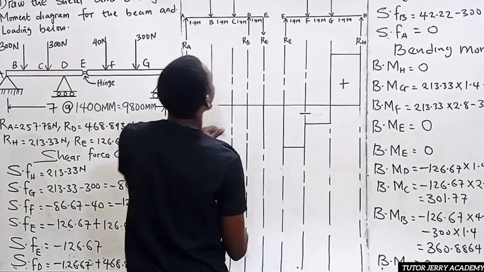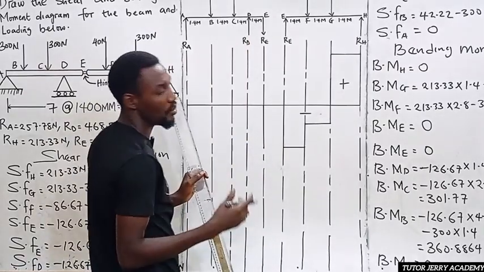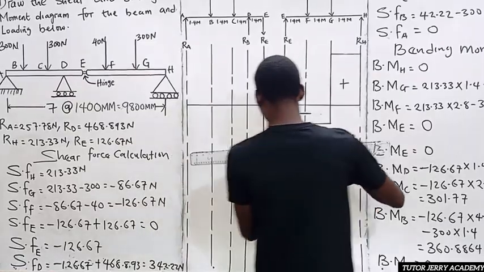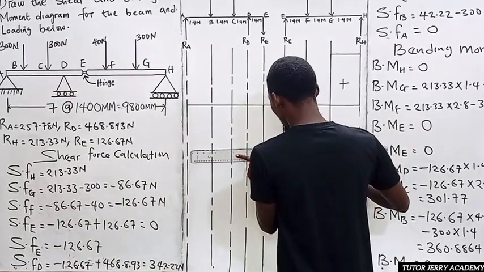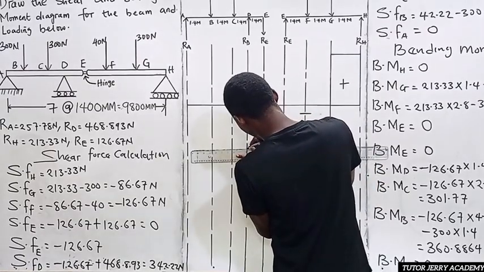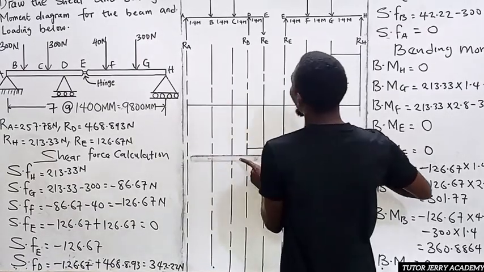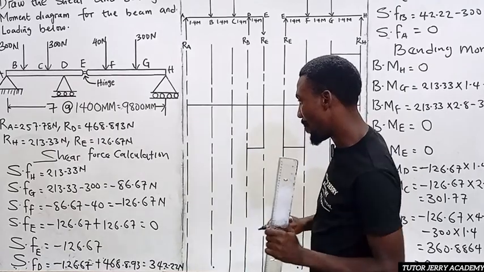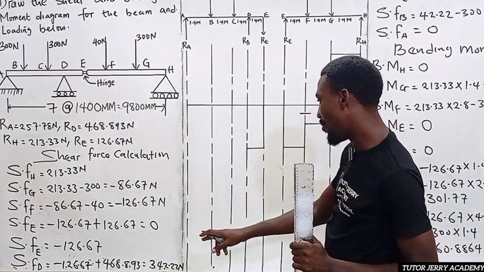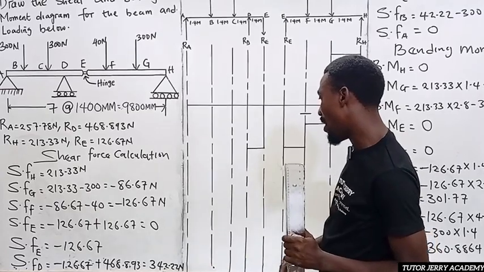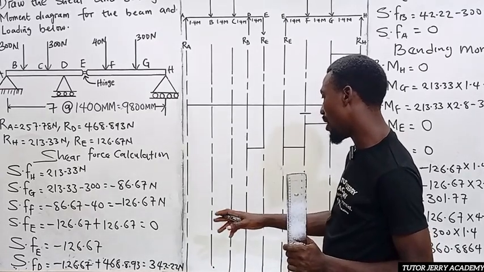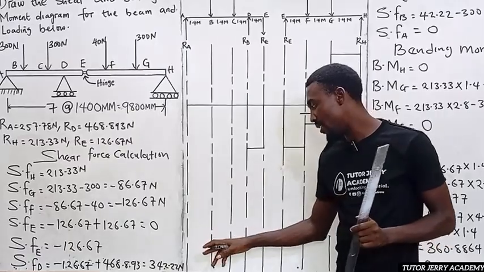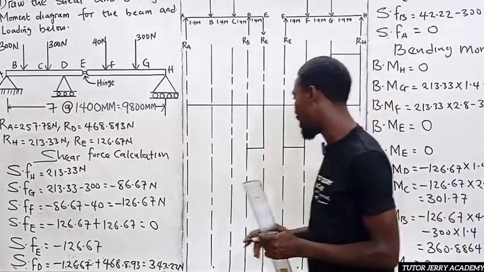All right, and between point E and D we don't have any load. So we are going to be using a constant line here. All right. So at point D, our shear force is nothing but what? 342.22. All right. So that's our shear force.